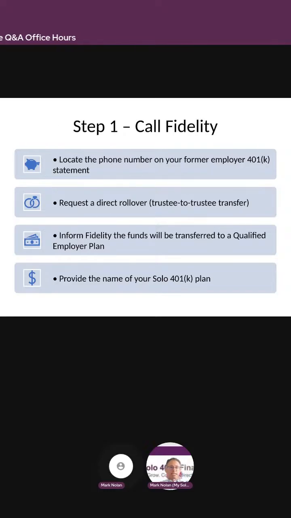Now, as far as prepping for the transfer of that former employer 401k to a self-directed solo 401k, you need to consider whether or not that former employer 401k has any outstanding 401k participant loans. That typically has to be resolved.